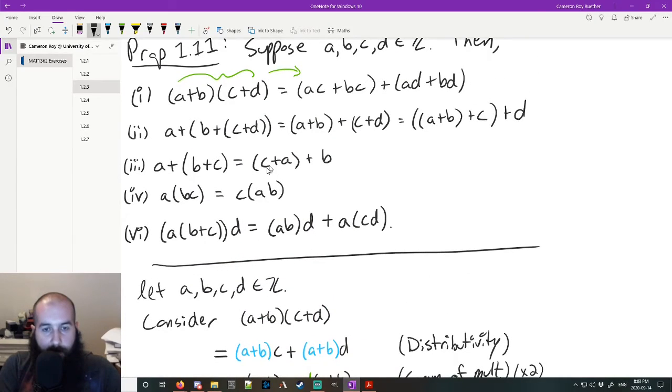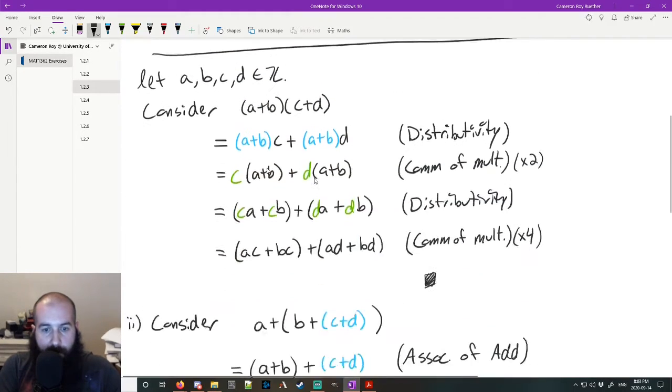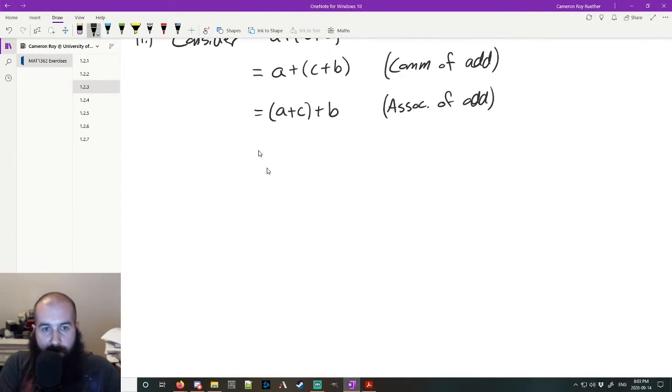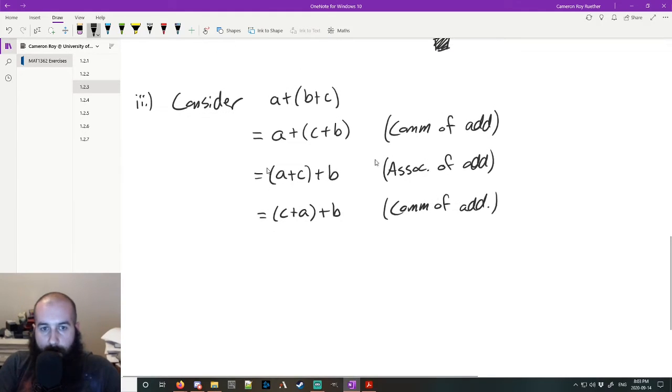We're trying to get to C plus A in brackets plus B. Well, we already have B at the end. We just need to make this into C plus A, which we can do by changing the order with commutativity. So now we connected the left-hand side to the right-hand side with axioms. So that is a proof of that equality.